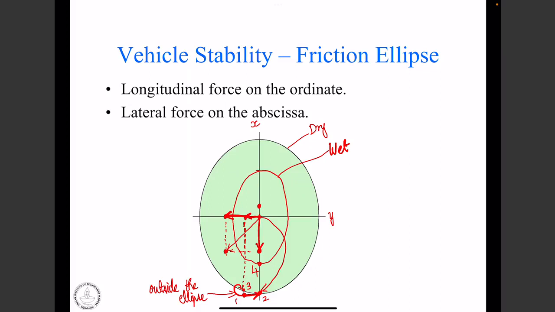If I do not take any action, I will get into unforeseen circumstances or undesired vehicle response. So what will the ABS do? It will once again reduce the brake pressure so that we can go from 2 to 4, and we maintain the stability of the vehicle.